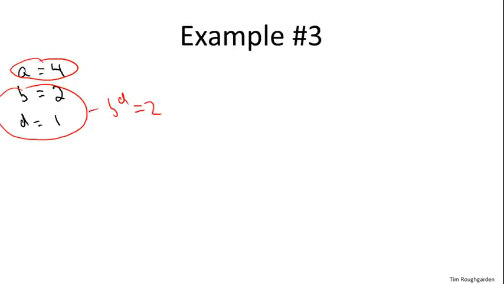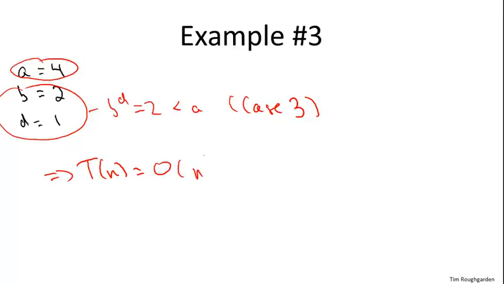So this corresponds to case 3 of the master method. And this is where we get the somewhat strange formula for the running time of the recurrence. T of n is big O of n to the log base b of a, which with our parameter values is n to the log base 2 of 4, also known as O of n squared.